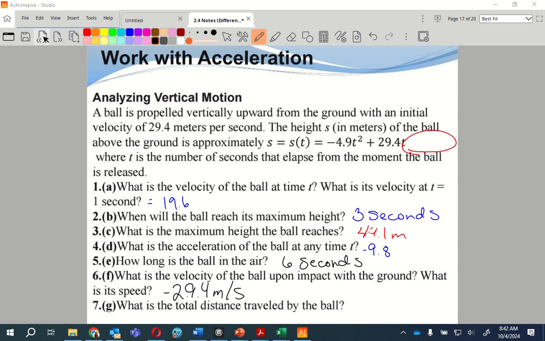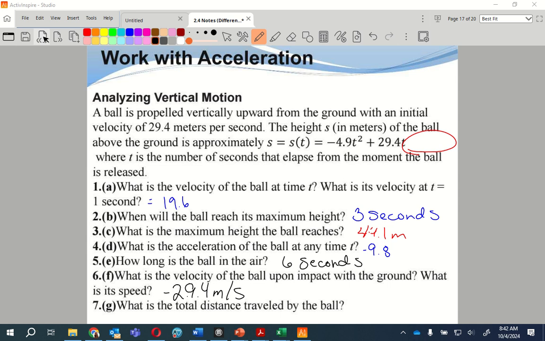88.2. Where'd you get that? Because that's the maximum height, so it's just times 2. Very good, you saw that. So 44.1 is my distance going up, but the next distance is coming back down. Since it is coming down, that would be a negative, so I have to think about that mathematically.